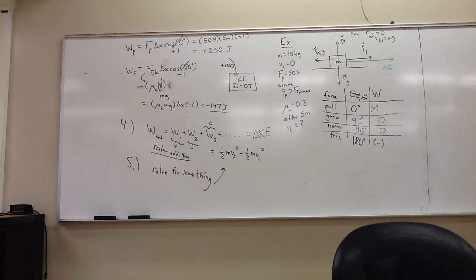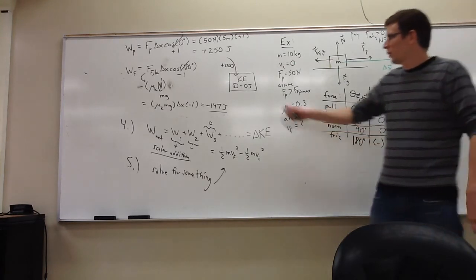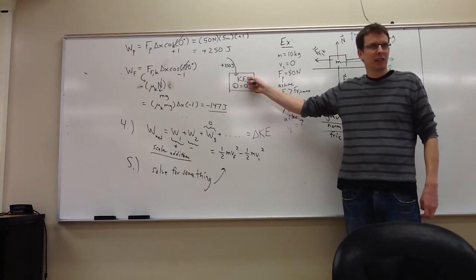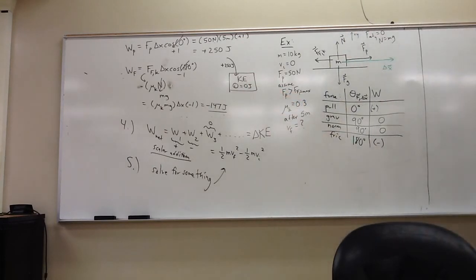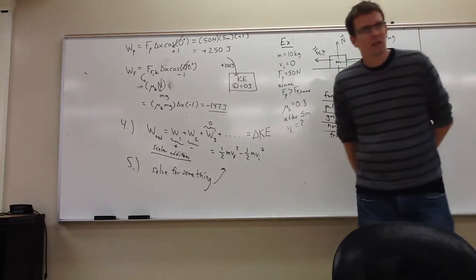So, what do we have? You had 0 to start with. 0 kinetic energy, so there's nothing that you could take away from, right? Like if you make $0 a year, you don't owe any taxes, okay? I like to think of friction as the tax man, okay?